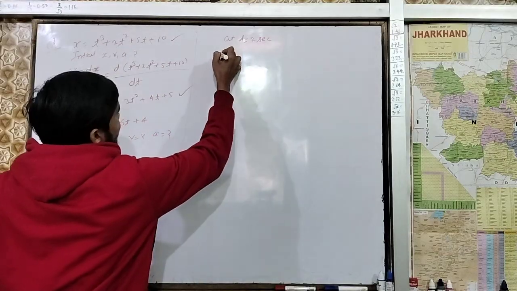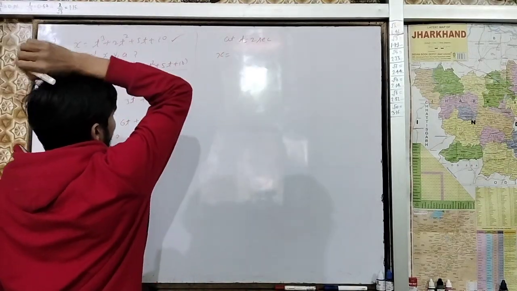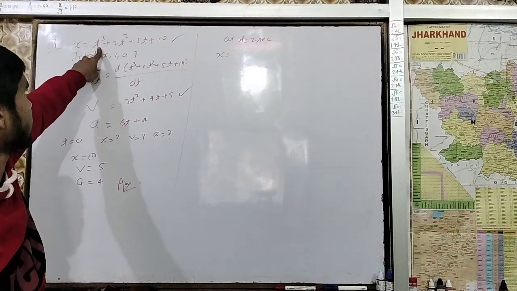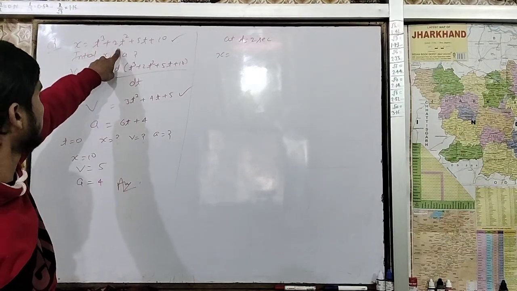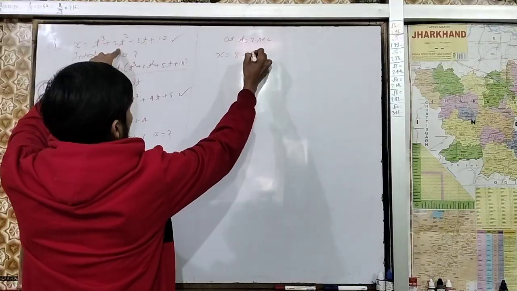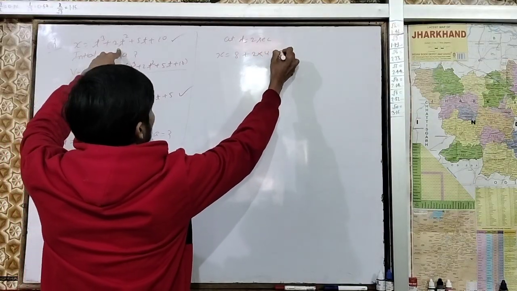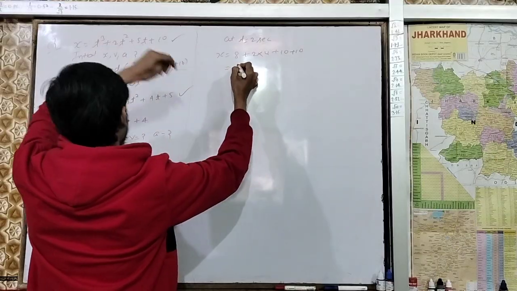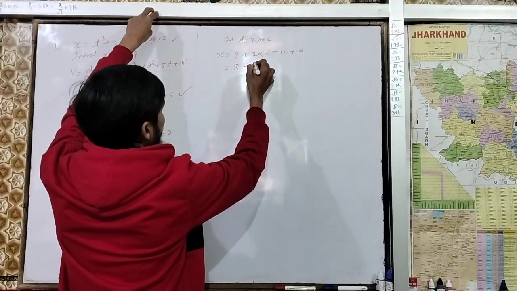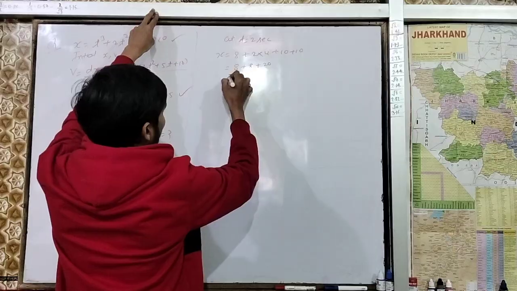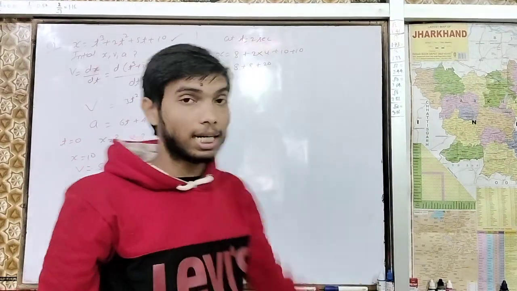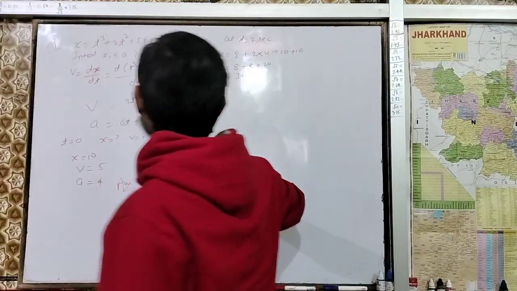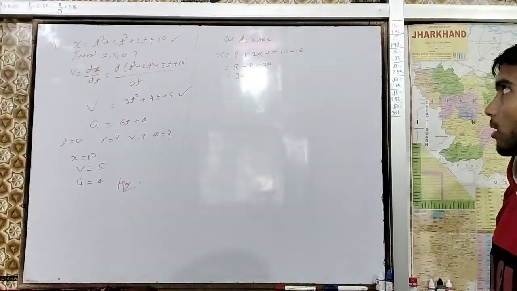So x is 2 cubed, which is 8, plus 2 times 2 squared, which is 8, plus 5 times 2, which is 10, plus 10. That is 8 plus 8 plus 10 plus 10, so 36. X is coming as 36. So the location of the particle is at 36.